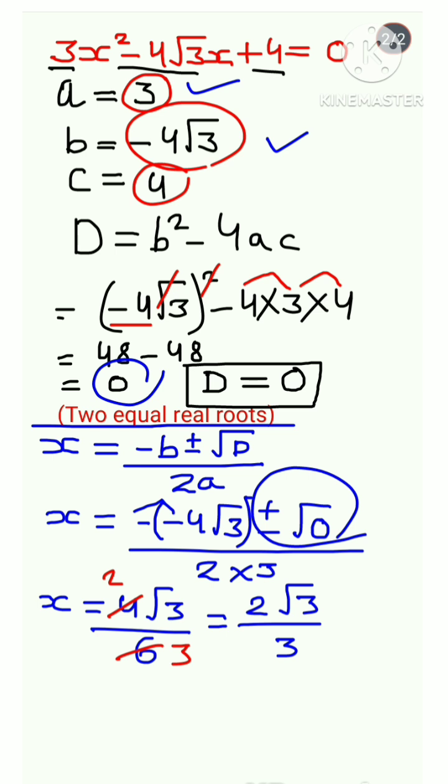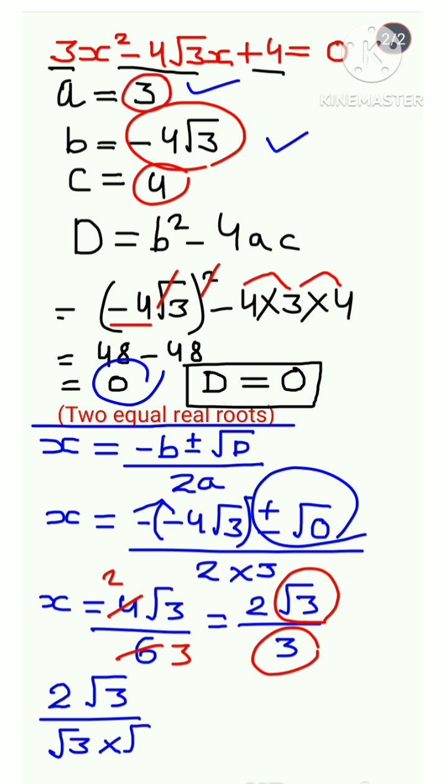So x equal to 2 root over 3 by 3. Now to cancel this root over 3 from the numerator, we can write this 3 in the form of 2 root over 3. Now this 3 can be written as root over 3 into root over 3, because when we multiply root over 3 and root over 3, finally we obtain the same number, that is 3.